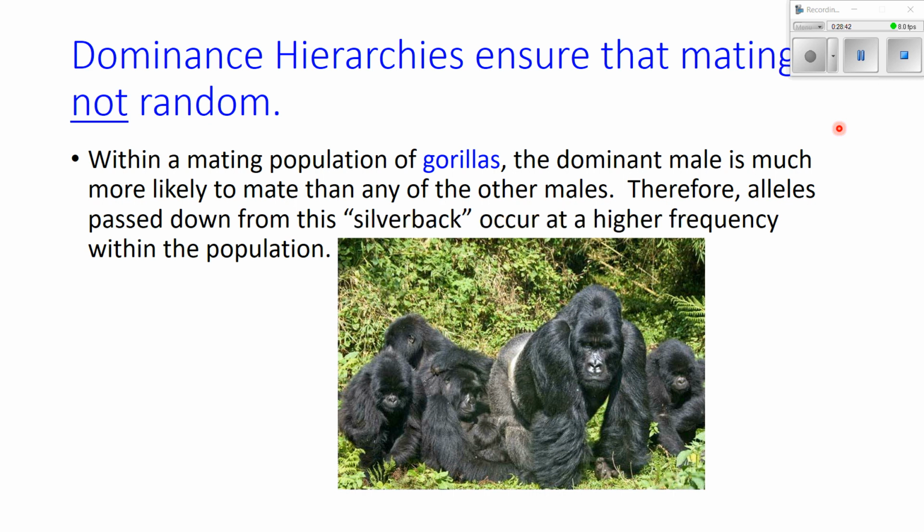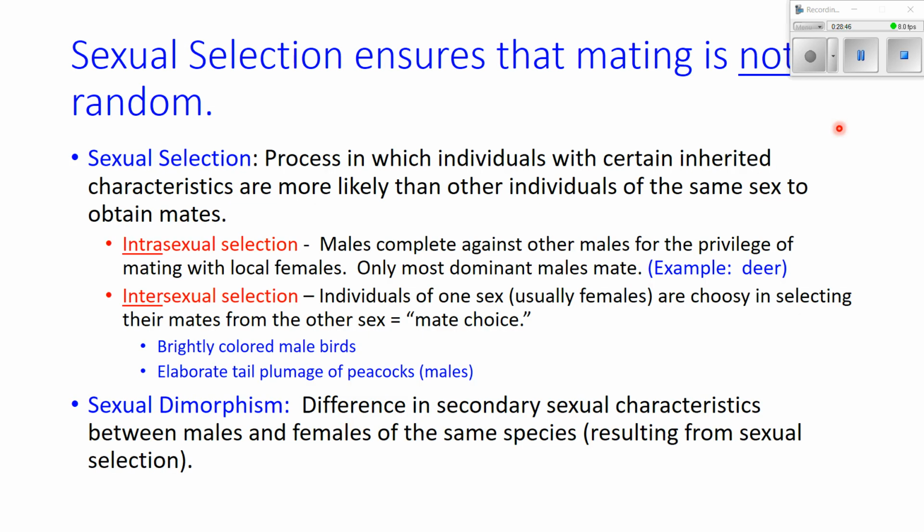Another factor that can block mating from being completely random is something called sexual selection. So sexual selection virtually ensures that mating is not random.